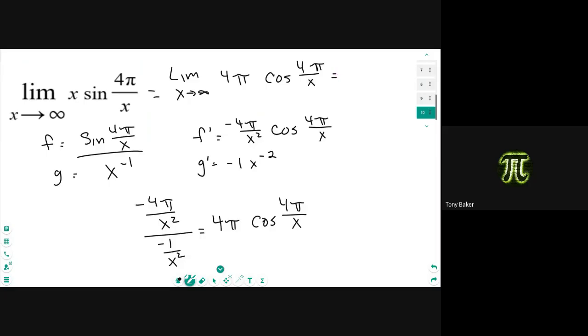So 4 pi over x is still going to 0, right? What's cosine of 0? Cosine of 0 is 1. What's 1 times 4 pi? It's 4 pi.